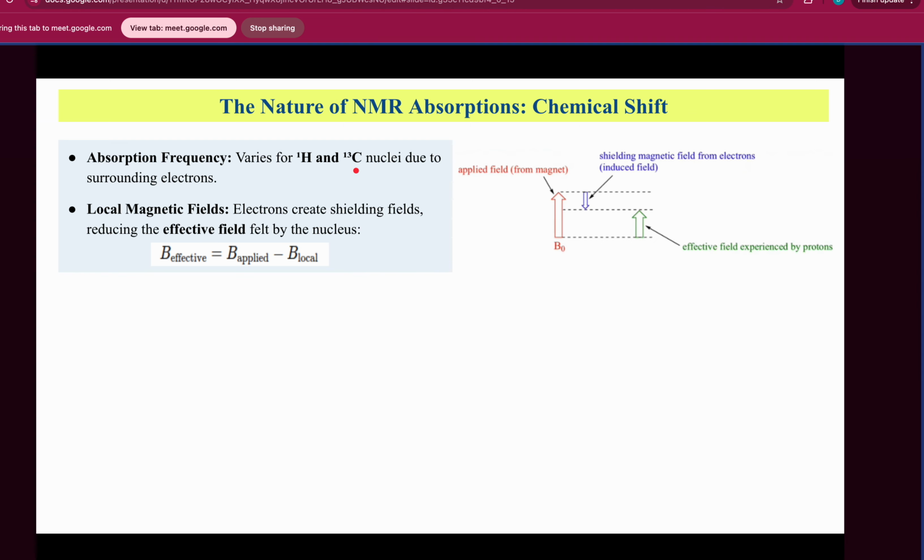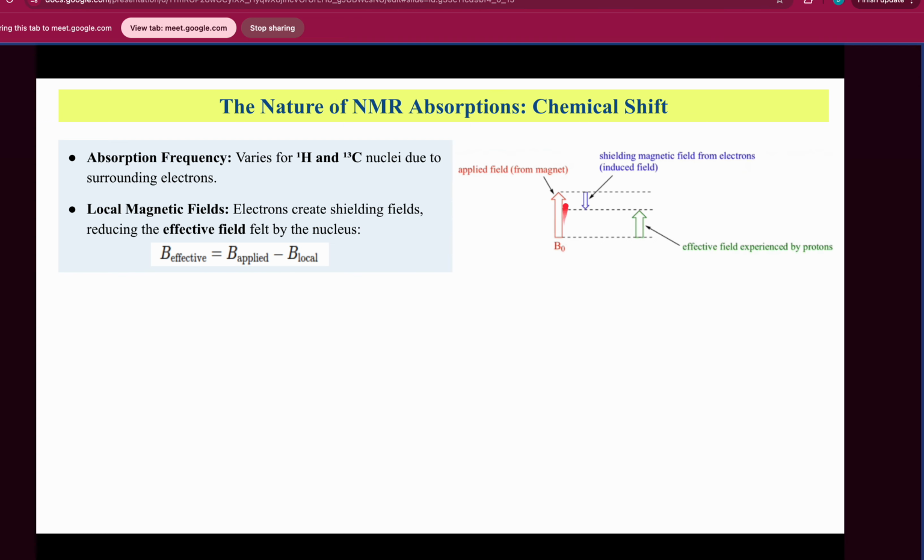In carbon and hydrogen, the absorption frequency will vary because there is a variable number of electrons surrounding the nucleus. Regarding local magnetic fields, electrons create shielding fields which reduce the effect of the applied external magnetic field. Due to this, the field actually acting on that nucleus will be equal to B applied minus B local.